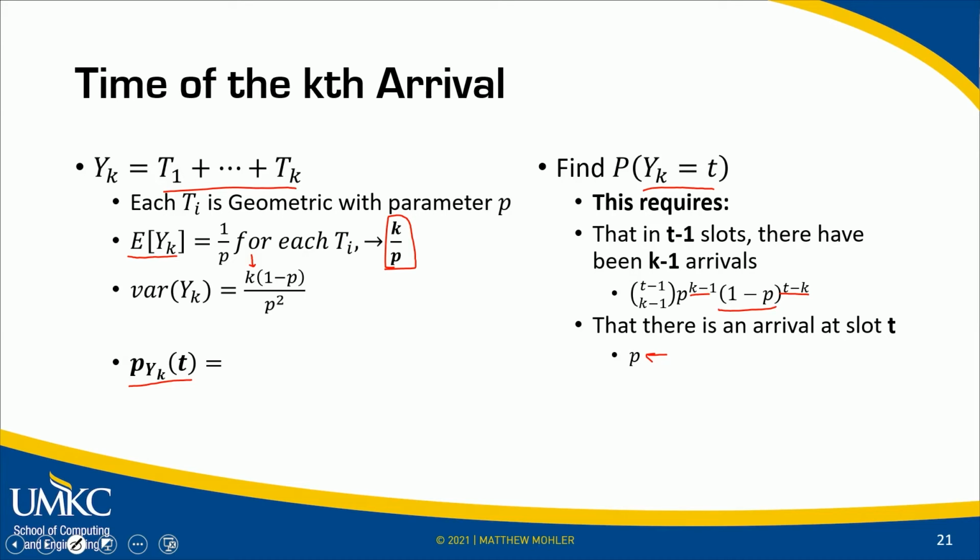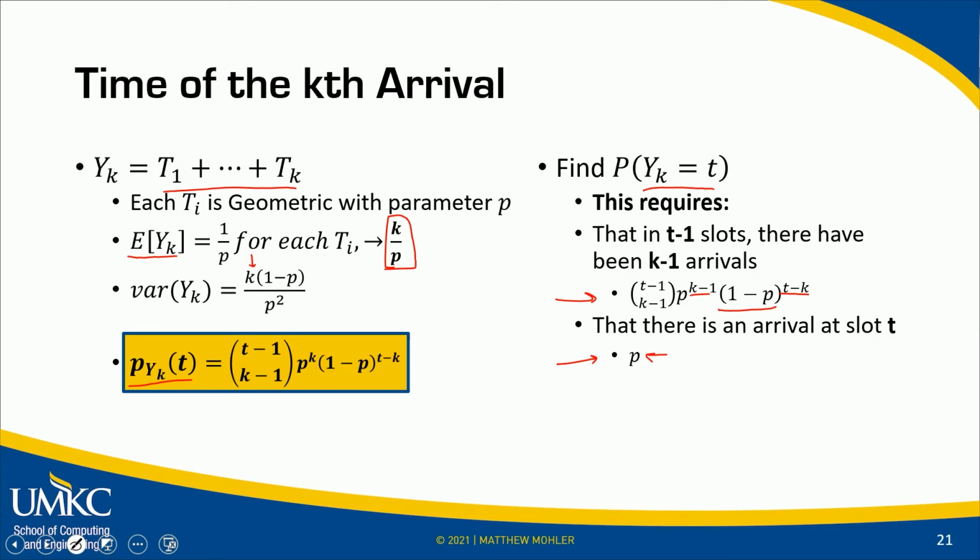So multiplying these two separate probabilities together, we find that the PMF of y sub k at t is just equal to t minus 1 choose k minus 1, multiplied by p to the k, multiplied by 1 minus p to the t minus k.